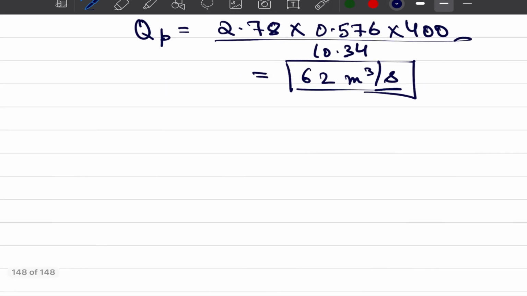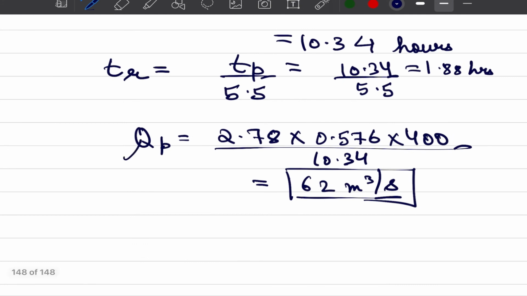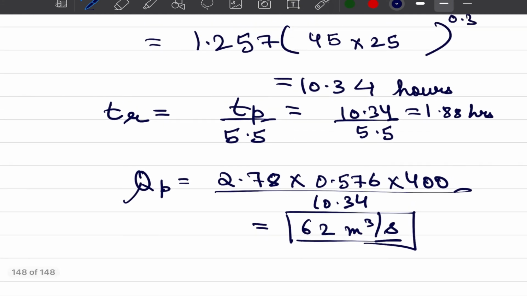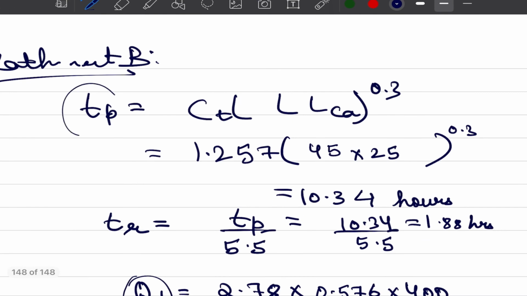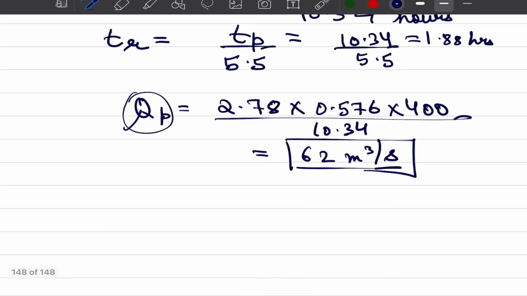Now we know where this QP is happening, because it is X and Y in some sense. This is the Y coordinate and this is the X coordinate. Another thing that we have to determine here is the width at the 50th percentage of peak flow.